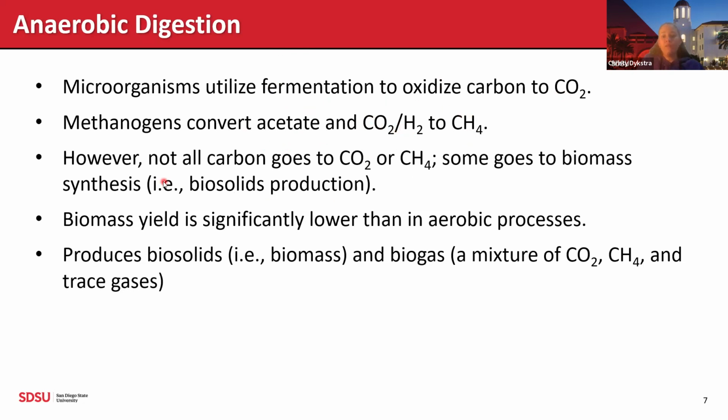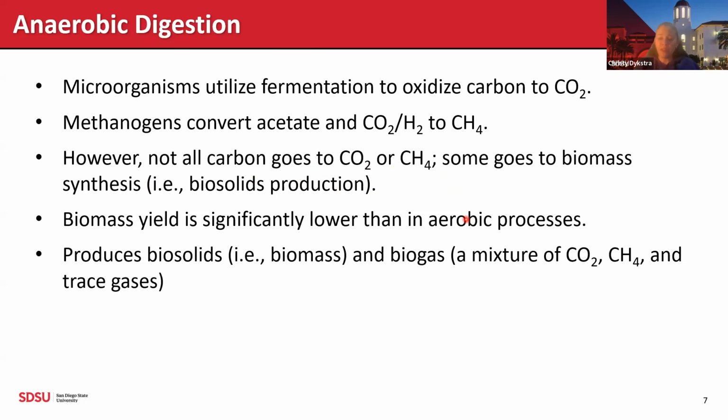And so all of this anaerobic digestion process proceeds from bigger molecules to smaller and smaller, and finally the outputs are mostly CO2 and methane. Not all carbon goes to CO2 or methane production. Some does go to biomass synthesis, but it's significantly lower than in the aerobic processes.